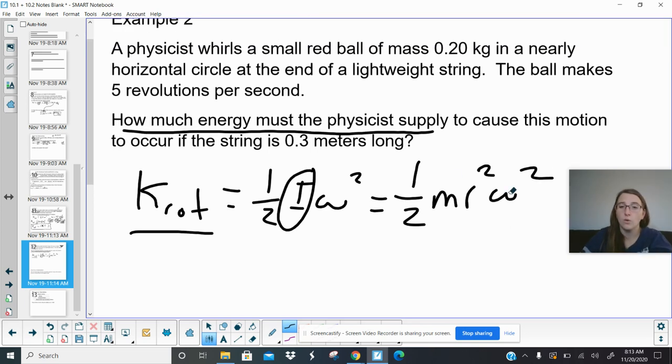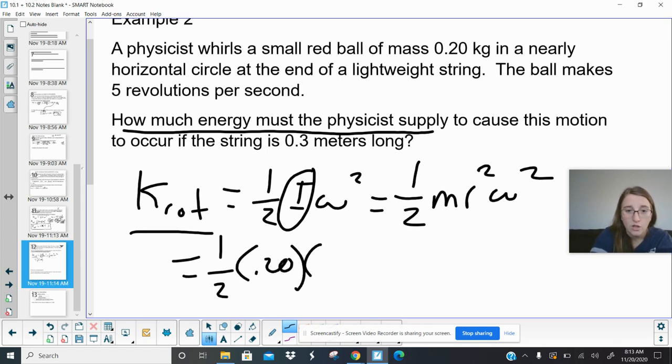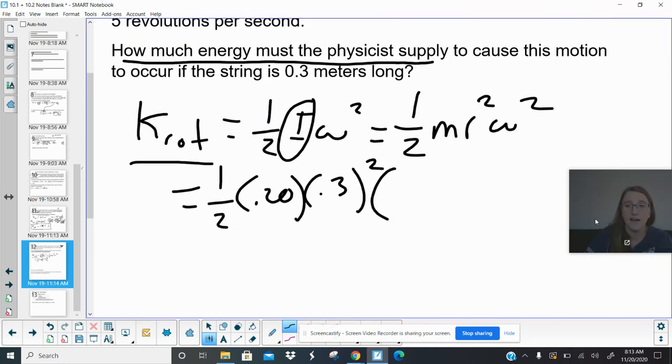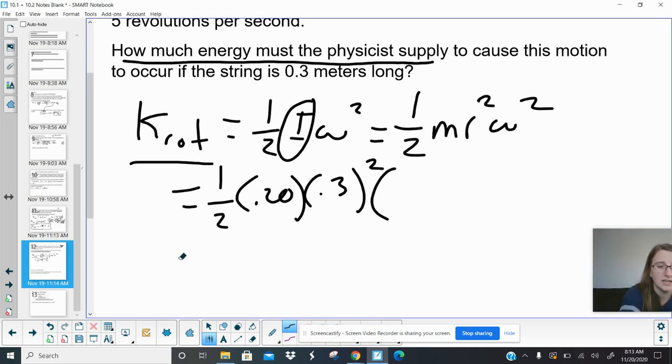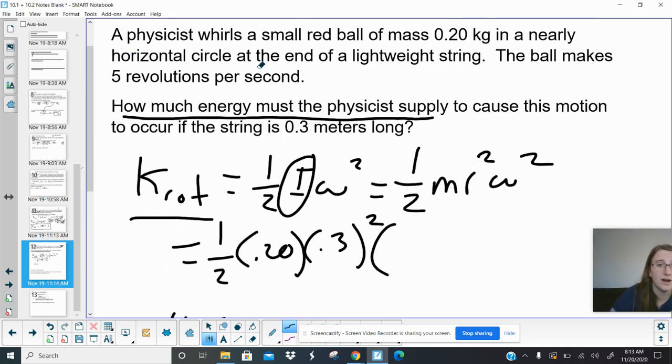Okay, so again, I'm going to have 1/2. The mass is 0.20, good to go in kilograms. The radius is 0.3, careful that you squared that. And then I'm going to drop down here and find my angular velocity in radians per second. So I have 5 revs per second.